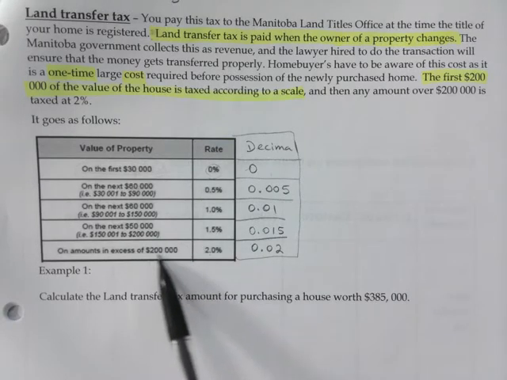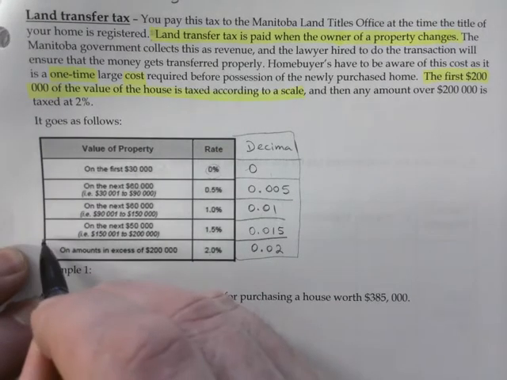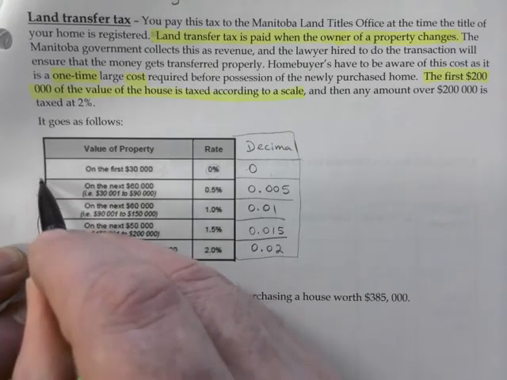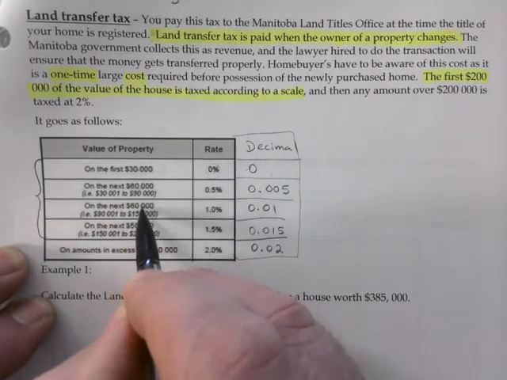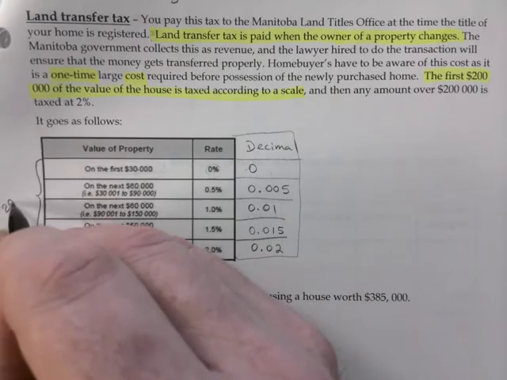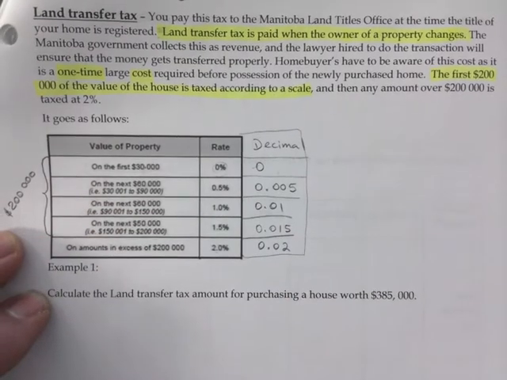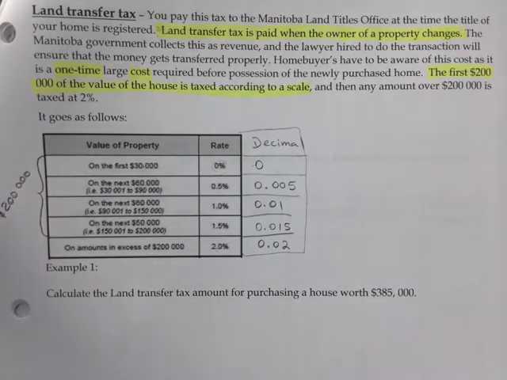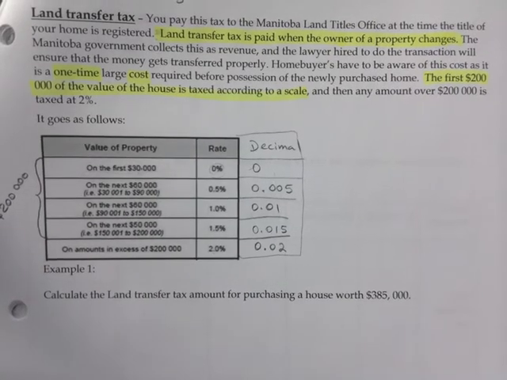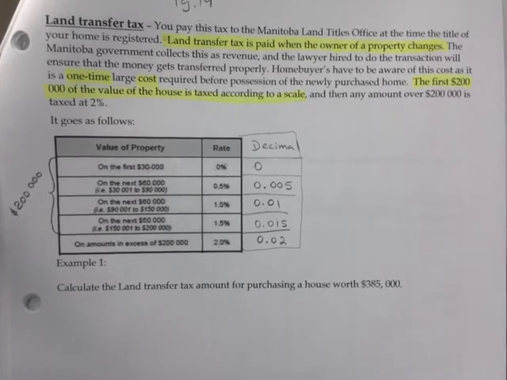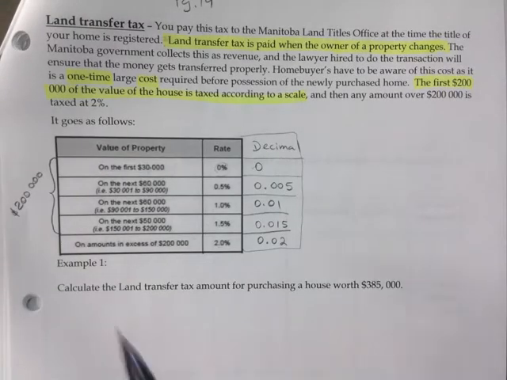Anything over the 200,000, because by the way, if you take these chunks and add them up, that amounts to 200,000. Put that on the edge there on the border. Let me just zoom out a bit so that you can see the whole page. That's 200,000, these brackets.